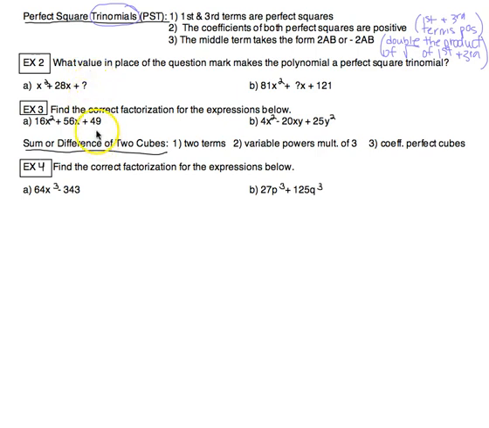I have to find that something. Now remember, I know that this middle term has to be in the form 2ab because this is a plus. The square root of my first term is x. So I know that 28x has to equal 2 times the square root of the first term, which is x, times the square root of whatever the question mark is. So that helps me find what goes here.